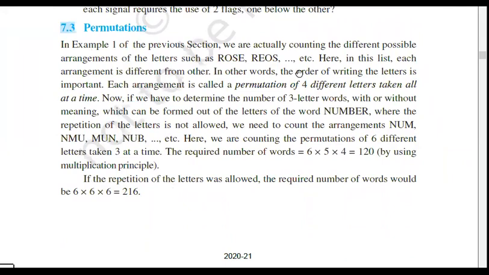Selection plus arrangement. Are you getting my point? We'll see with examples, but first you have to understand what is permutation. Permutation is number of ways in which you can select as well as arrange anything. Okay, got it, everyone?